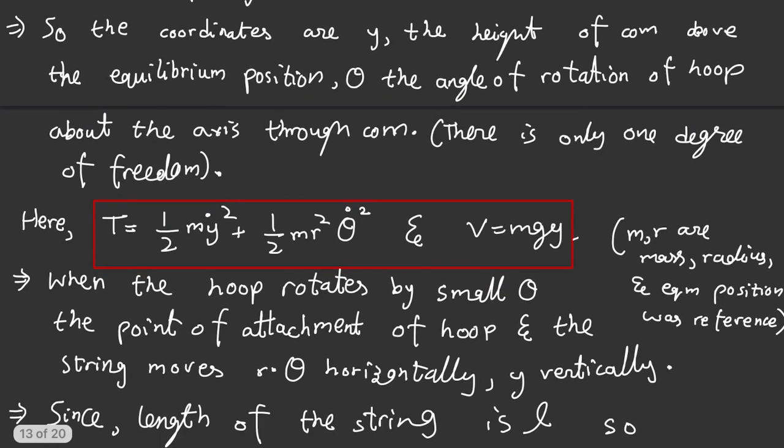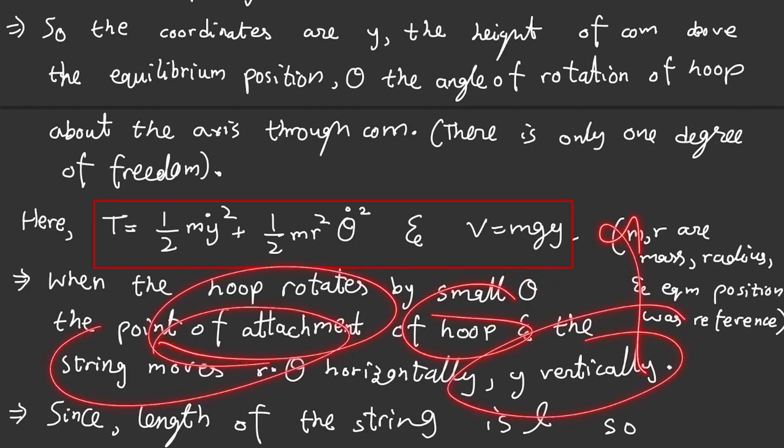Say the hoop rotates by a small angle theta. The points of attachment of the hoop and strings move r theta horizontally, so this length becomes r theta. They all move r theta horizontally, but also the center of mass moves y up, so the point of attachment of the hoop and string will also move y vertically.